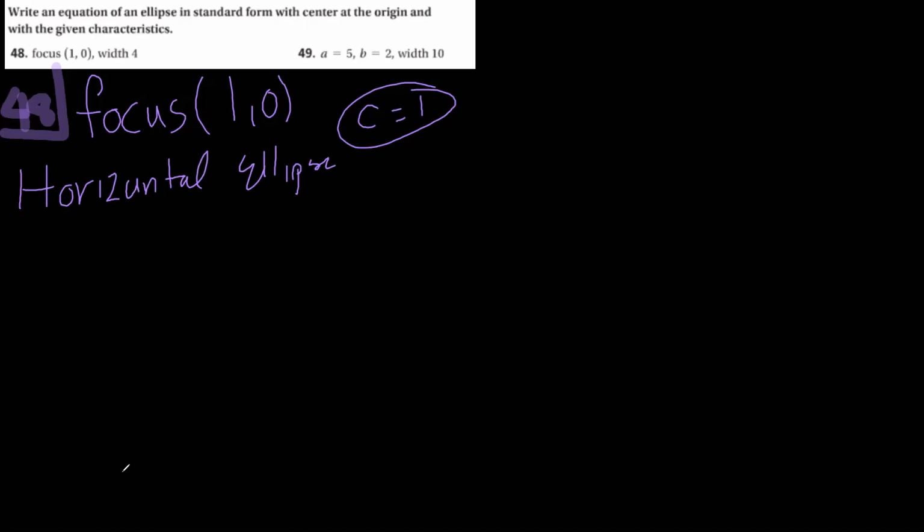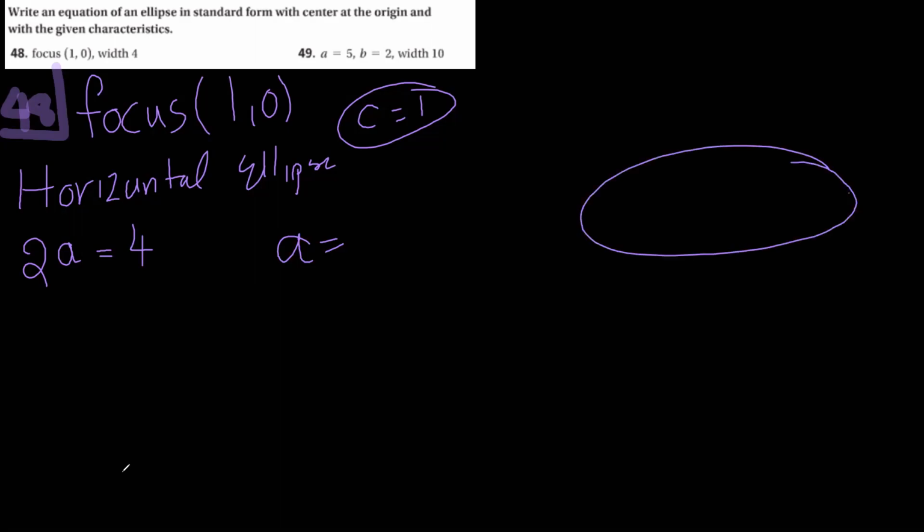It is basically 2a, the distance between the two vertices. So 2a is equal to 4, so a is 2. So here is 2 and here is 2, and because of that you have (2, 0) and (-2, 0). Is it right?